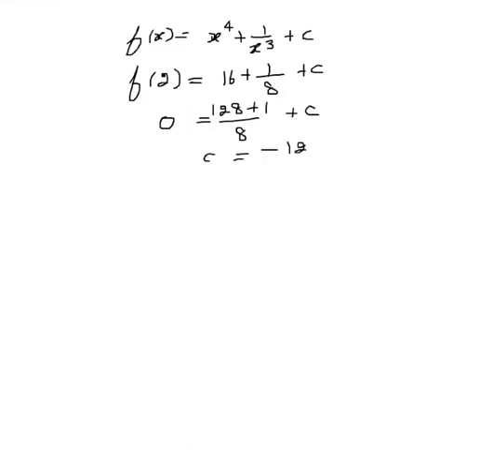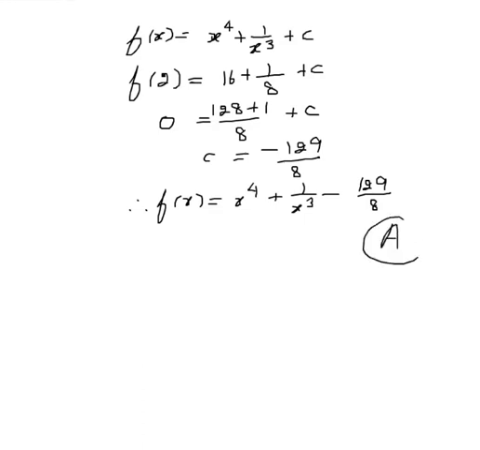Therefore, the value of c is minus 129 over 8. Therefore, f of x is x raised to 4 plus 1 upon x cube minus 129 over 8. So, the correct option is A.